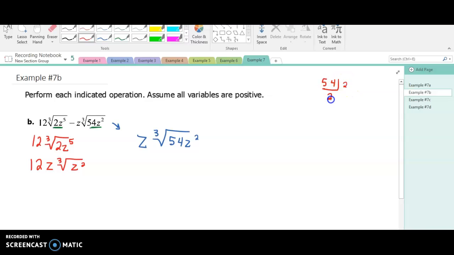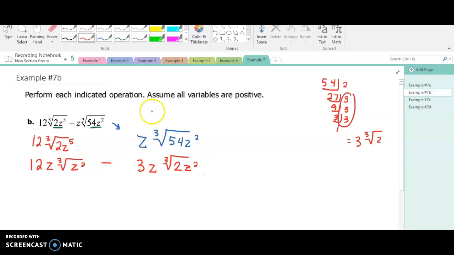So 2 goes into it 27 times, 3 goes into it 9, 3 goes into 9 3 times, 3, 1, 1, we're done. We're looking for the third root, so we're going to go in groups of 3. So this is just 3 cubed root of 2. So this can be simplified to 3z cubed root of 2, and then we're still left with z squared on the inside.